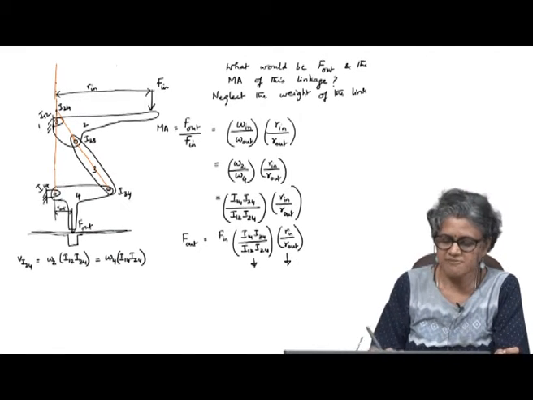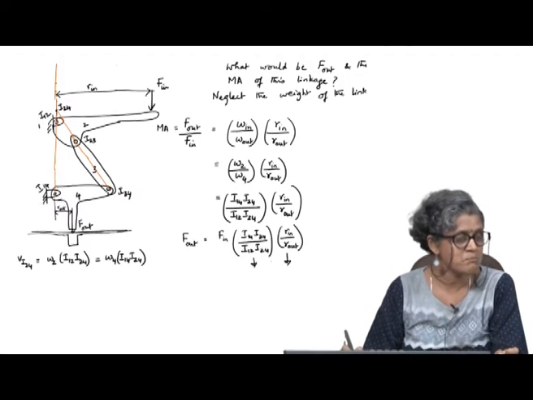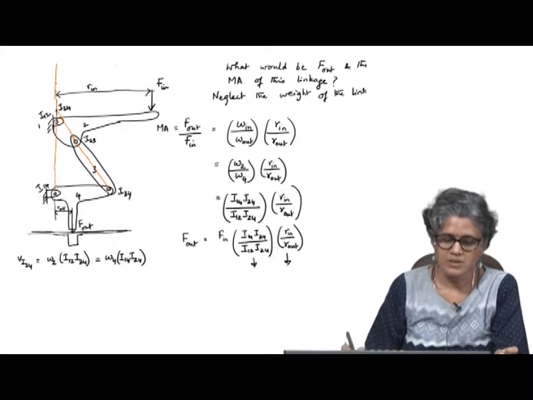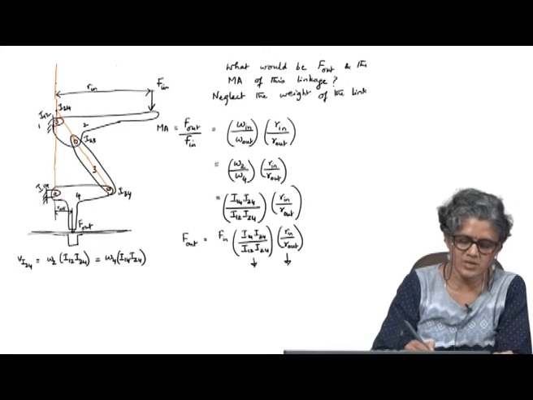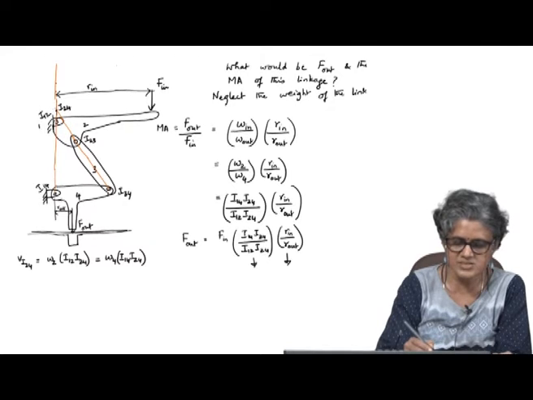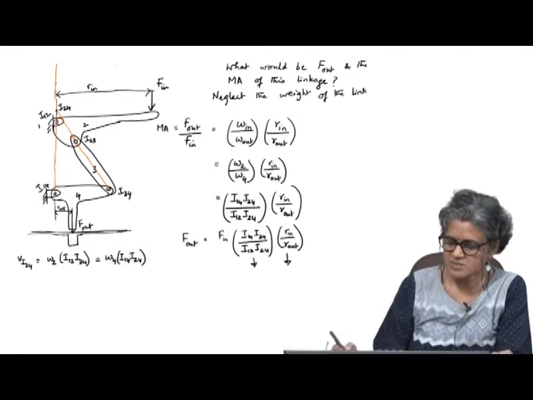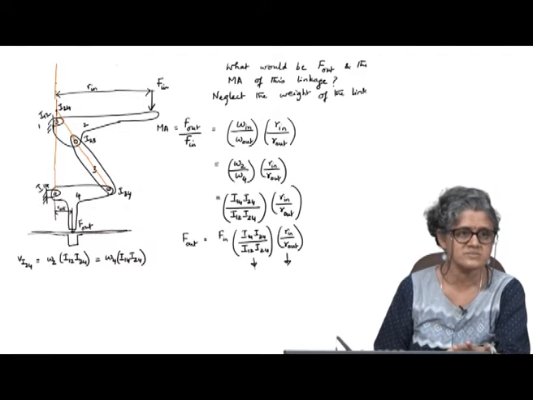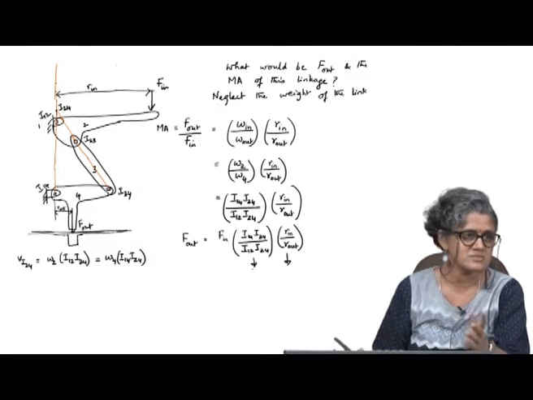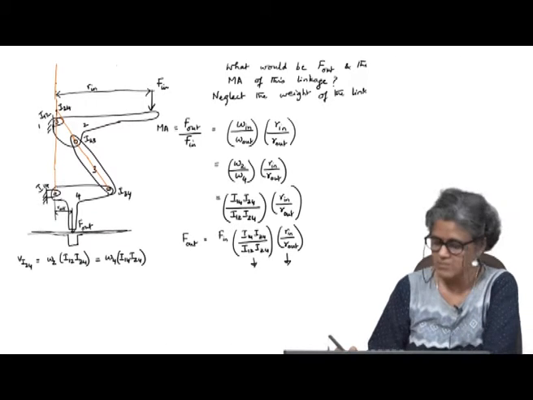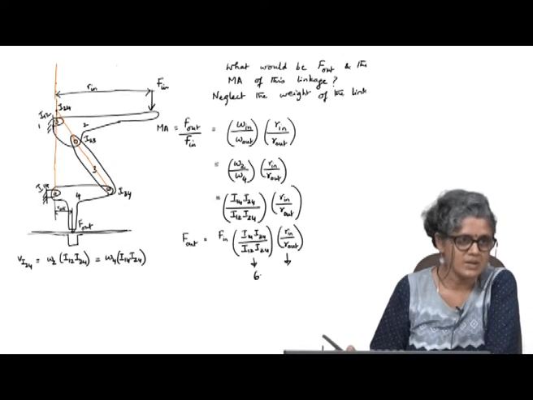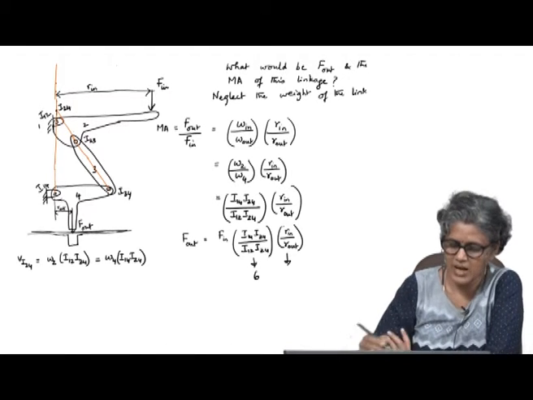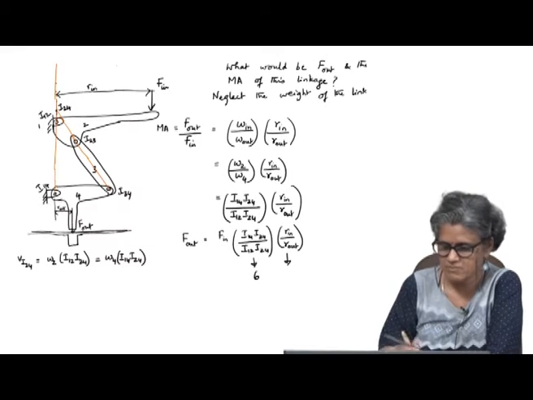Okay, so my F out is necessarily multiplied. So if I just look at these distances, this is about 6 times the other distance, and then R in by R out about 4 times.